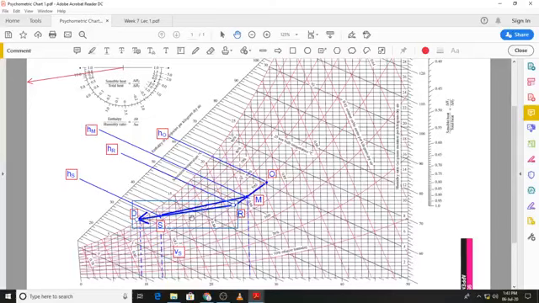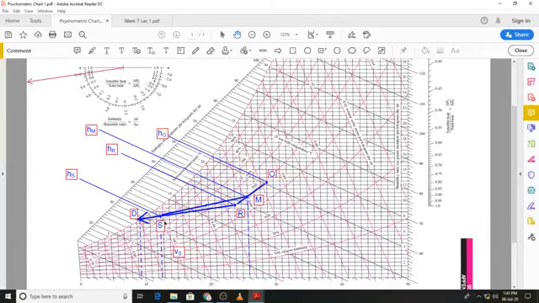Where on this line it will lie, that was determined by the dry bulb temperature given to us. So first I drew a line from state R which was parallel to the space condition line which I had drawn on the protractor. Then I used the dry bulb temperature at state S, and the intersection of these two lines provided us with state S.